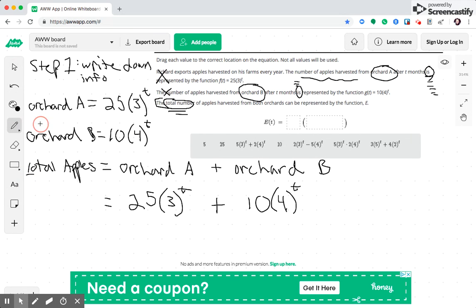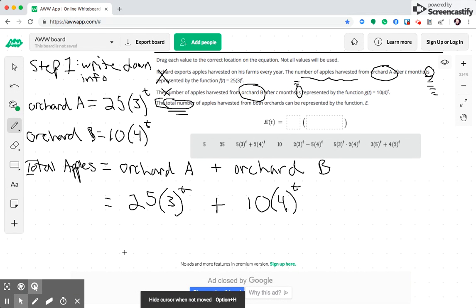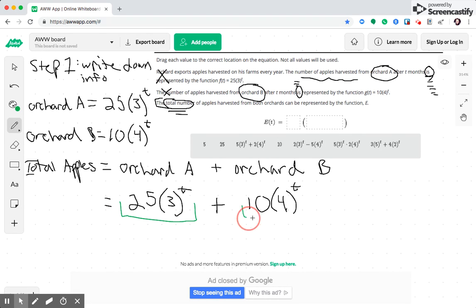So what we're going to do is look at each term. And again, if you're not familiar with these vocabulary words I'm using, please review. Look at each term, which are separated by pluses and minuses, and think about what is the greatest common factor of these two numbers out front, right next to the parentheses.